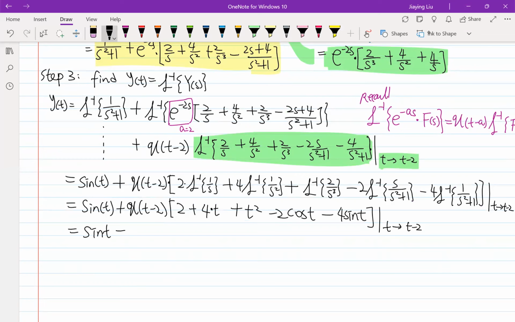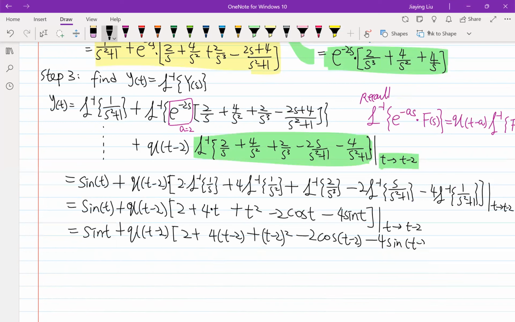This t doesn't change, and then the u part doesn't change. 2 plus 4 times t minus 2 plus t minus 2 squared minus 2 cosine t minus 2 minus 4 sine t minus 2. That's it. That's the answer at the end.